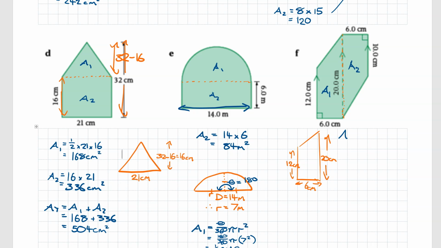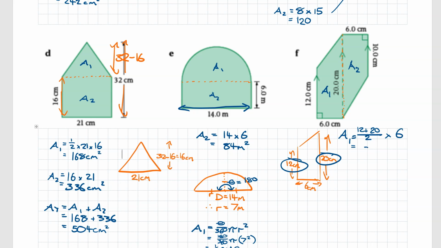So A1 is going to simply be, remember with a trapezium, to calculate the area, you simply take the average of the two unequal sides, and then you multiply that average with the height. So in this case, we're going to go the average of 12 plus 20, multiply that by the 6.